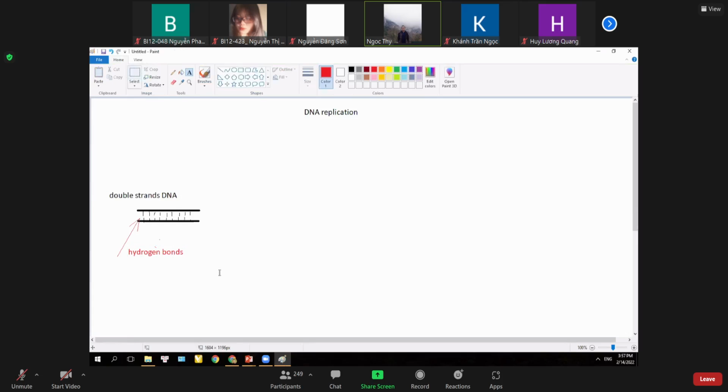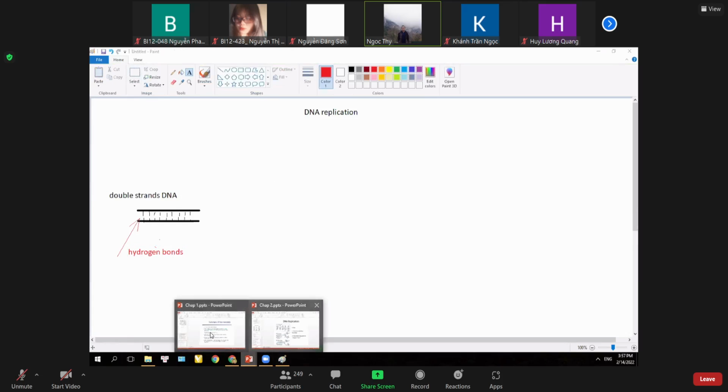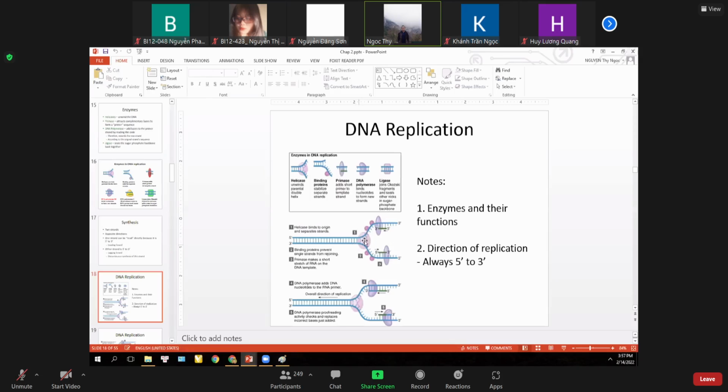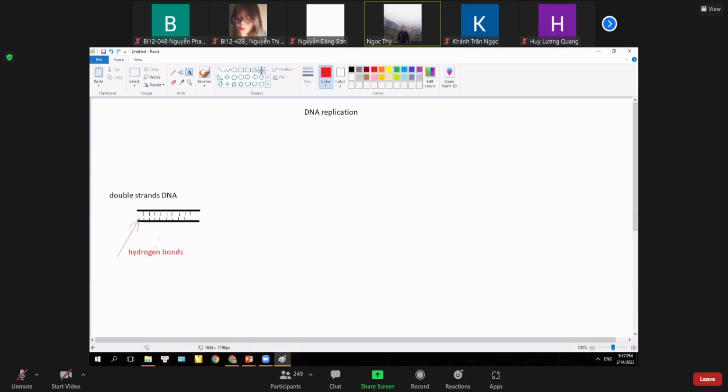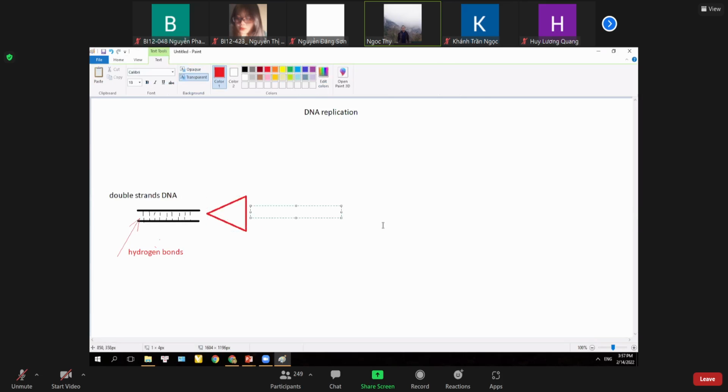So the first enzyme here, we have helicase that cuts down the hydrogen bonds that link the two strands of DNA.